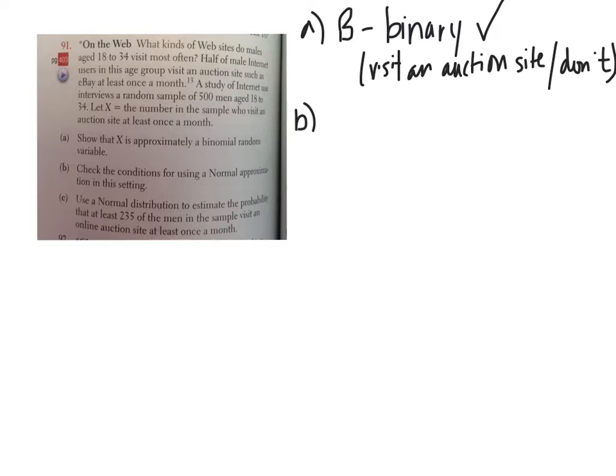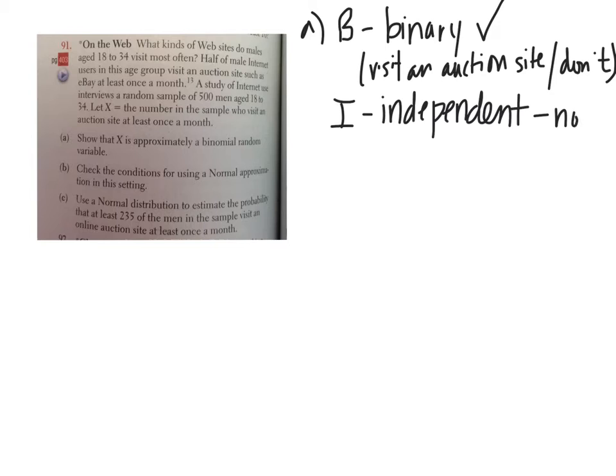And then the next thing is I for independent. Now here's the thing, if I'm choosing people, the pool of people is getting smaller with every person that I choose. So technically it's not independent, but it does meet the 10% condition.